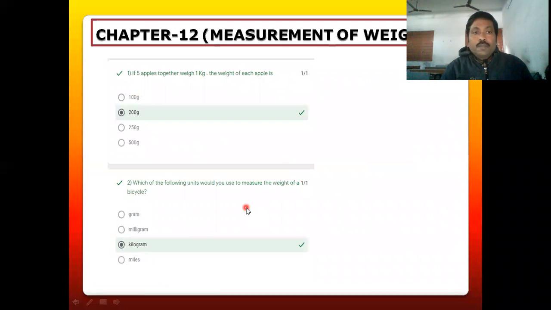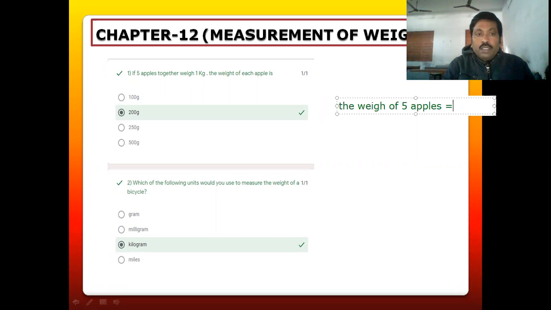See the first question. If 5 apples together weigh 1 kg, what is the weight of each apple? The weight of 5 apples is equal to 1 kg, which means 1000 gram.